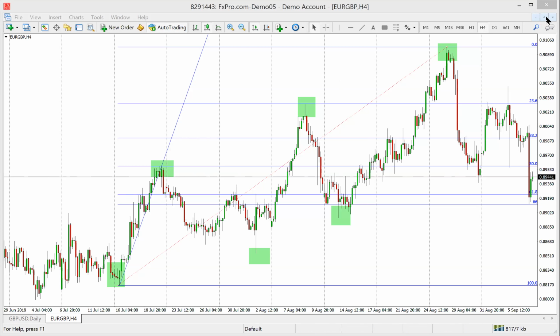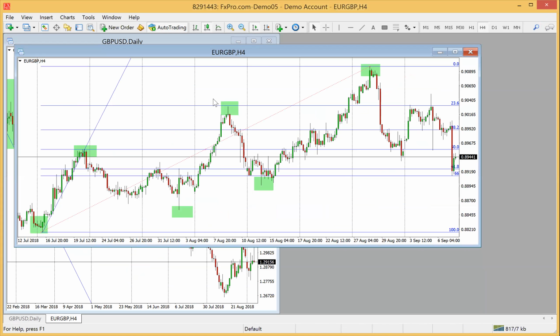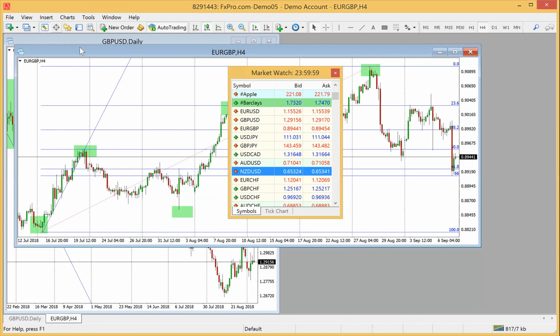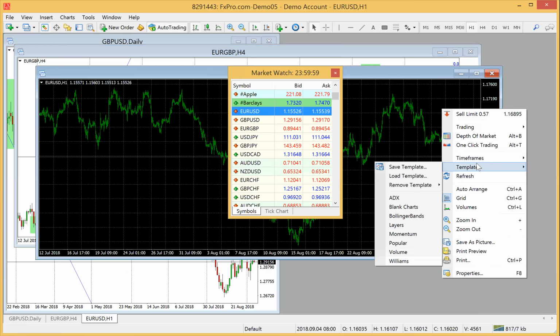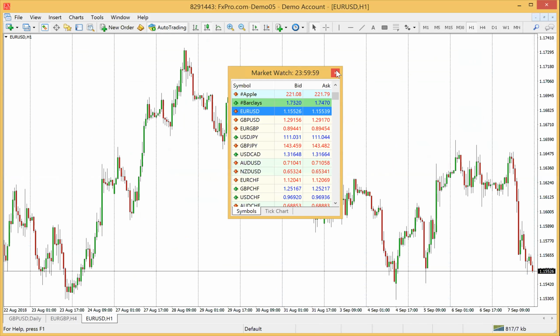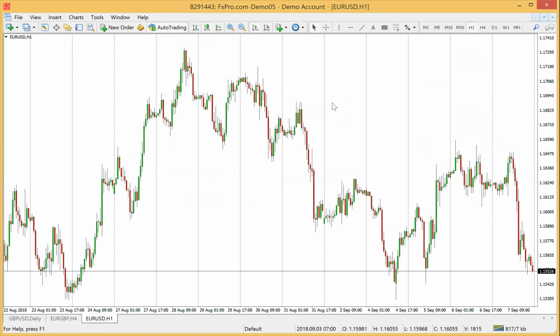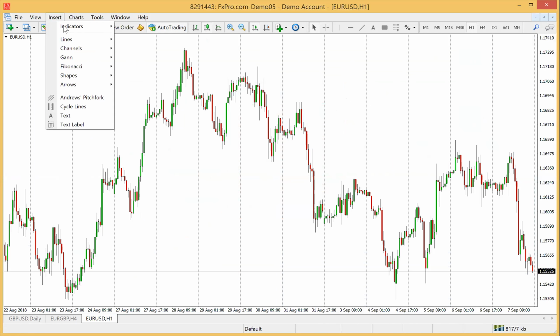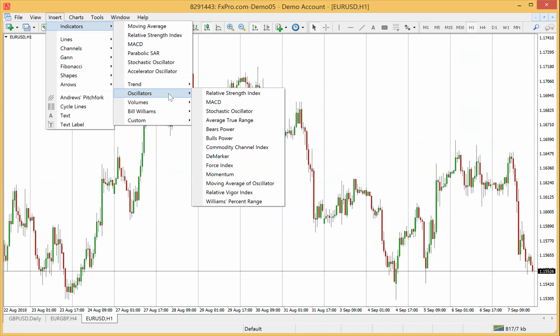So now I'll find an example. I'll show you guys the CCI indicator. It is an oscillator. You can find it by pressing insert, indicators, oscillators, commodity channel index, which is CCI.